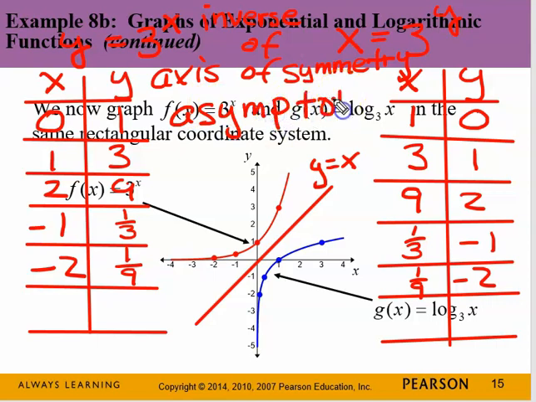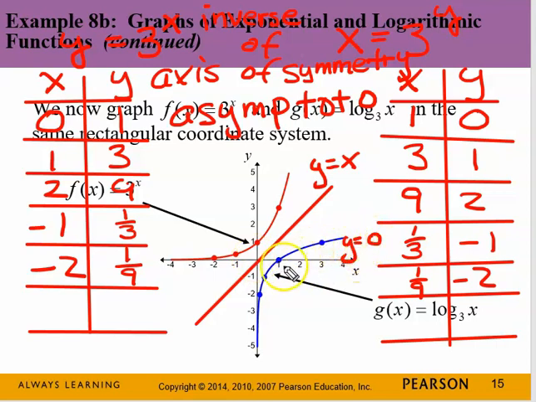Some vocabulary words here. And since our x-axis is a horizontal axis, we say for exponential growth, our horizontal asymptote is the x-axis. Now the equation of the x-axis, interestingly, is y equals 0. That would be a horizontal line going through the 0 value for y.